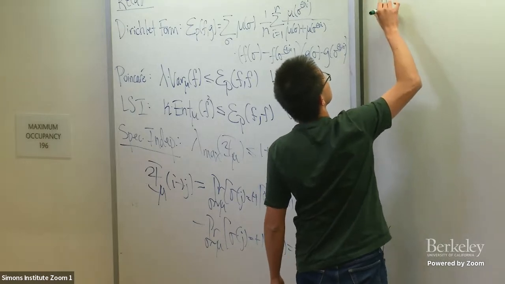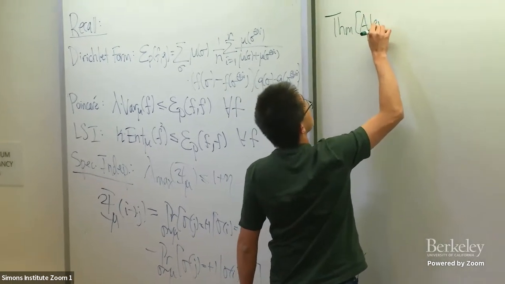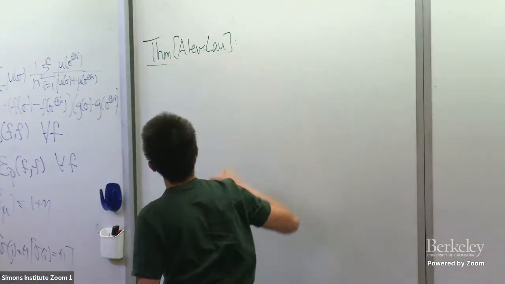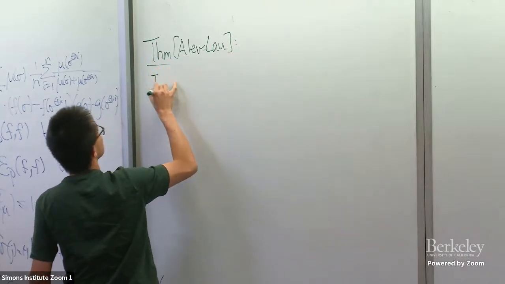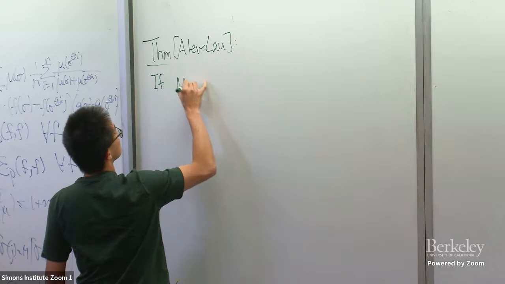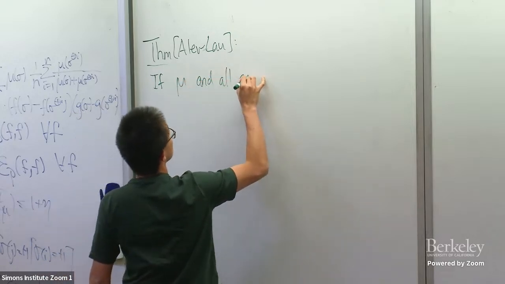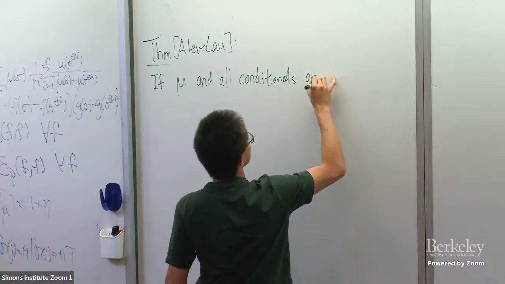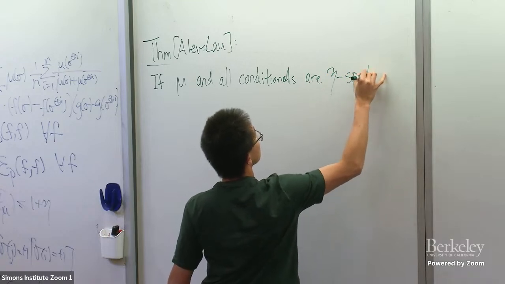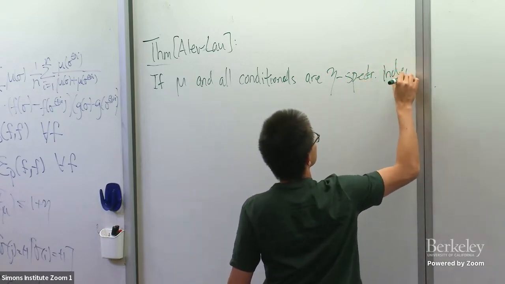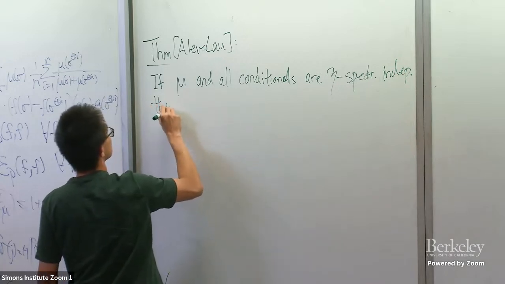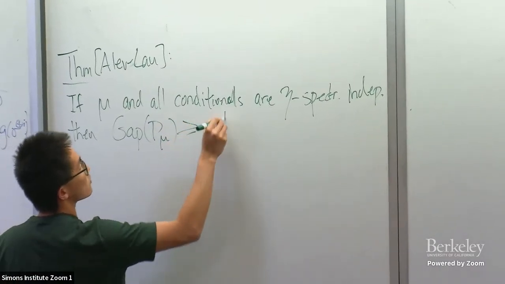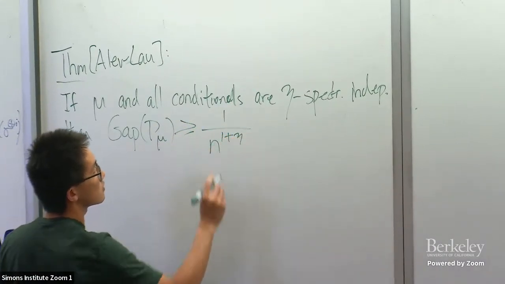The first theorem is essentially due to Anari, Liu, and Oveis Gharan, although there were also precursors of this from the high dimensional expander community, which is that if mu and all conditionals are beta spectrally independent, then the spectral gap of the Glauber dynamics is lower bounded by 1 over n to the 1 plus eta.